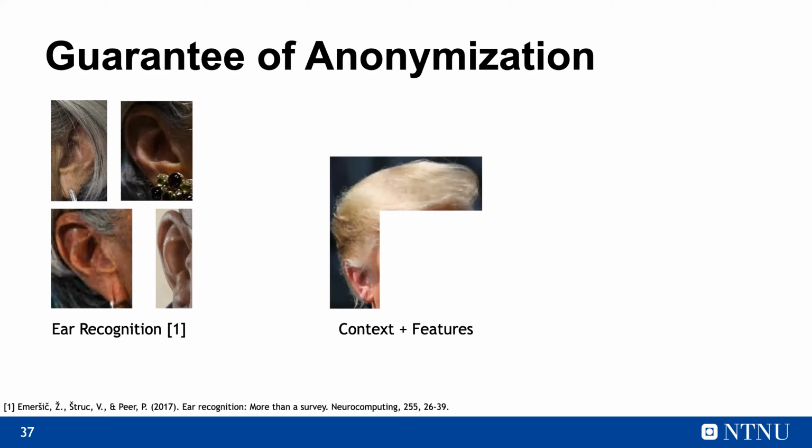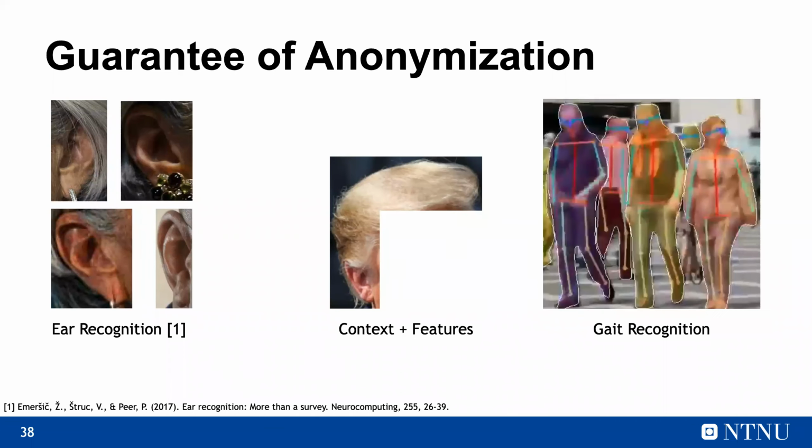The other case is the context and features of the body. So in this case, you probably recognize who it is. And if it's a celebrity, it's easier. But if we start to record in our city at 8 a.m. every morning in the city center, we're most likely able to start to recognize patterns in the data or recognize people at different days at the same time.